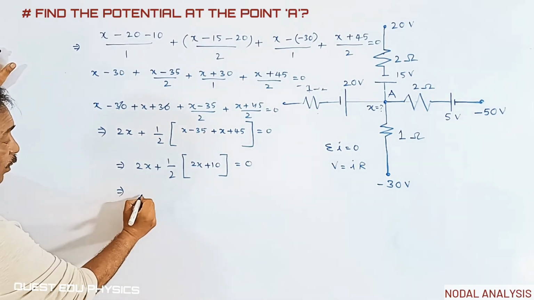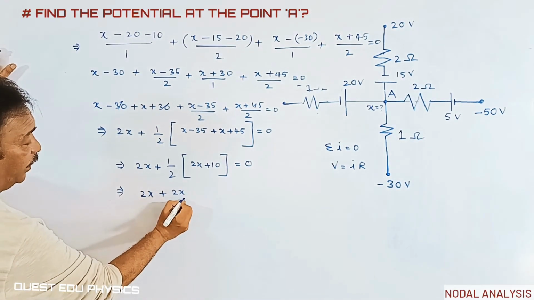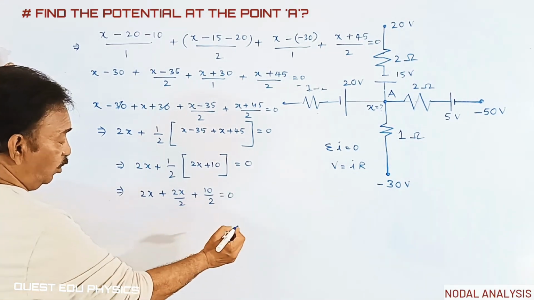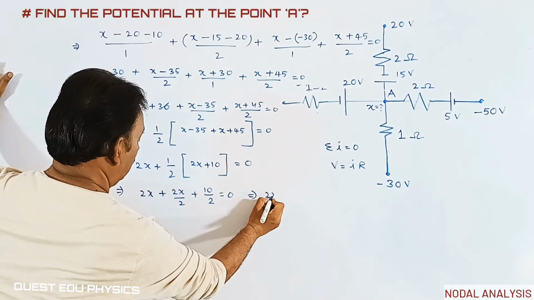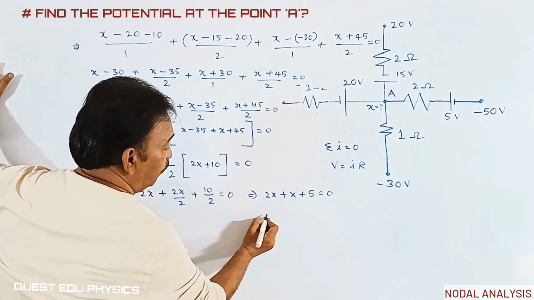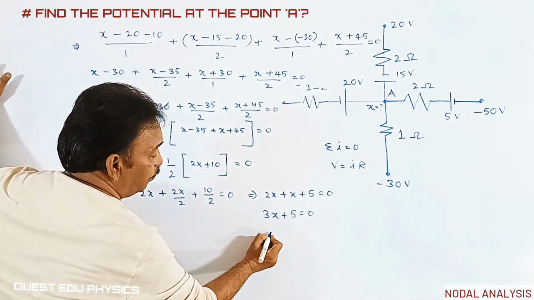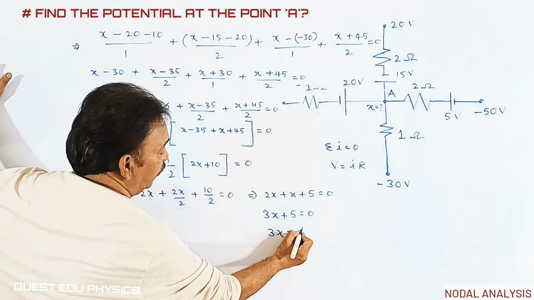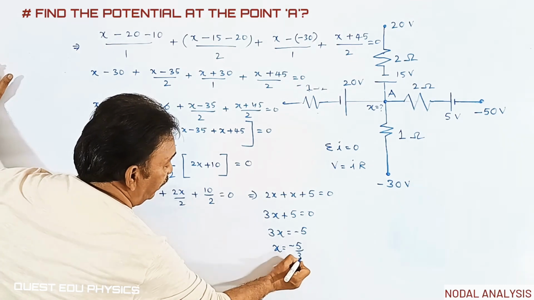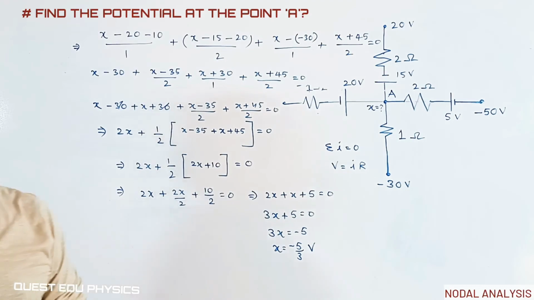It's 2x plus 2x by 2, in other words, equals 2x plus x plus 5 is equal to 0. 3x plus 5 is equal to 0. 3x is equal to minus 5, or x is equal to minus 5 by 3. It is the desired answer, students.